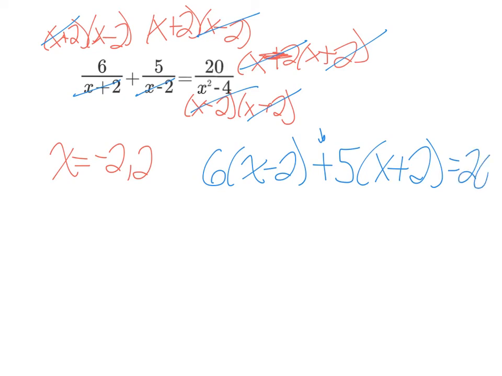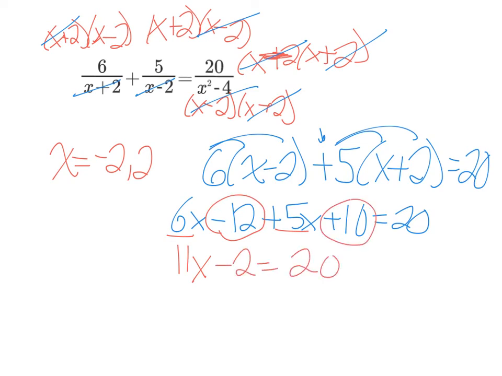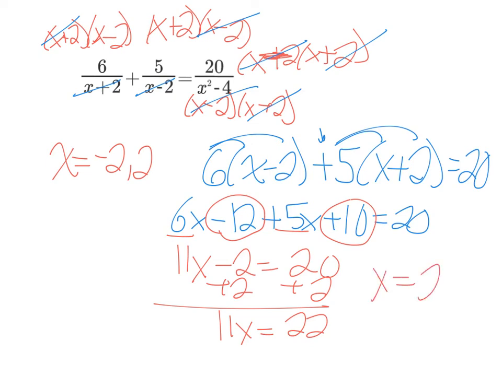And this equals 20. We distribute to get 6x minus 12 plus 5x plus 10, which gives us 20. Combine like terms to get 11x minus 2 equals 20. Add the 2 over: 11x equals 22. Dividing by 11, x equals 2.